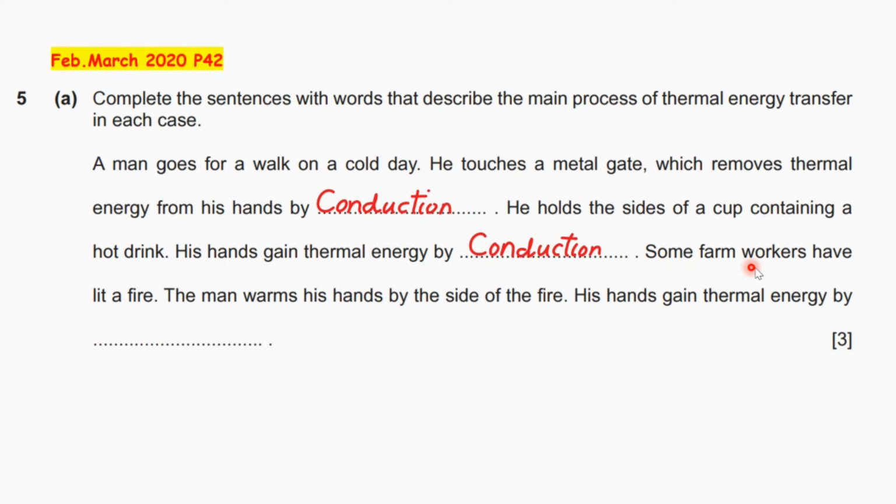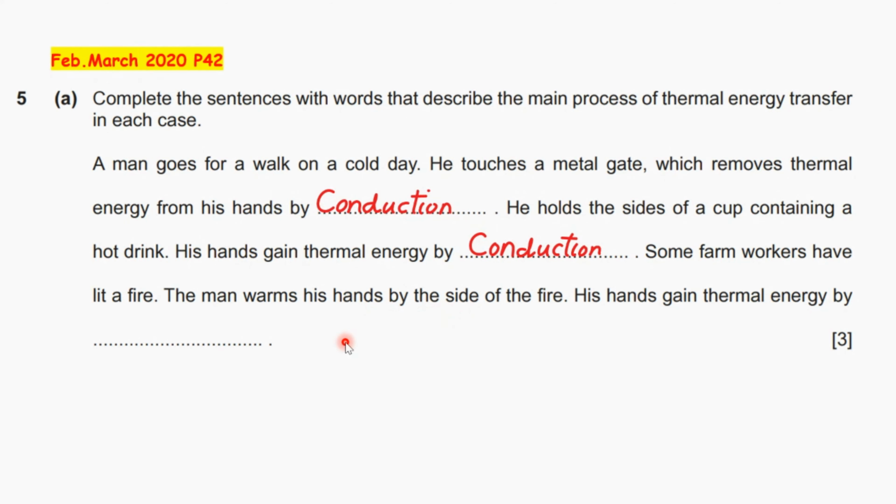Some farm workers have lit a fire. The man warms his hands by the side of the fire. His hands gain thermal energy. Okay, we have two options: convection and radiation. But the examiner mentioned that he brought his hand close to the fire.